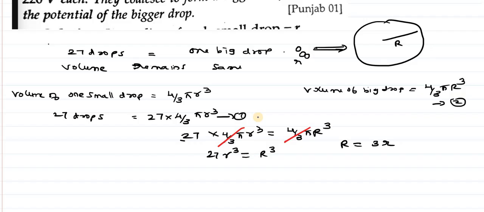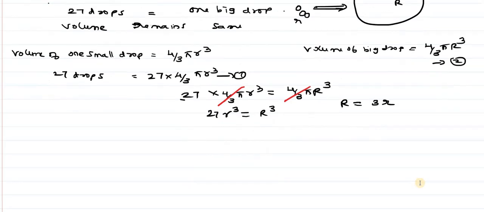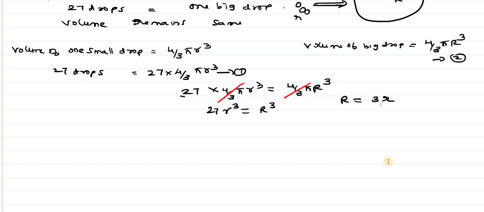You fill one big ball with the smaller balls, and the volume remains the same. Here we just imagine the water droplets getting added one by one. That's why the volume remains the same. Yes, ma'am. So capital R equals 3r.